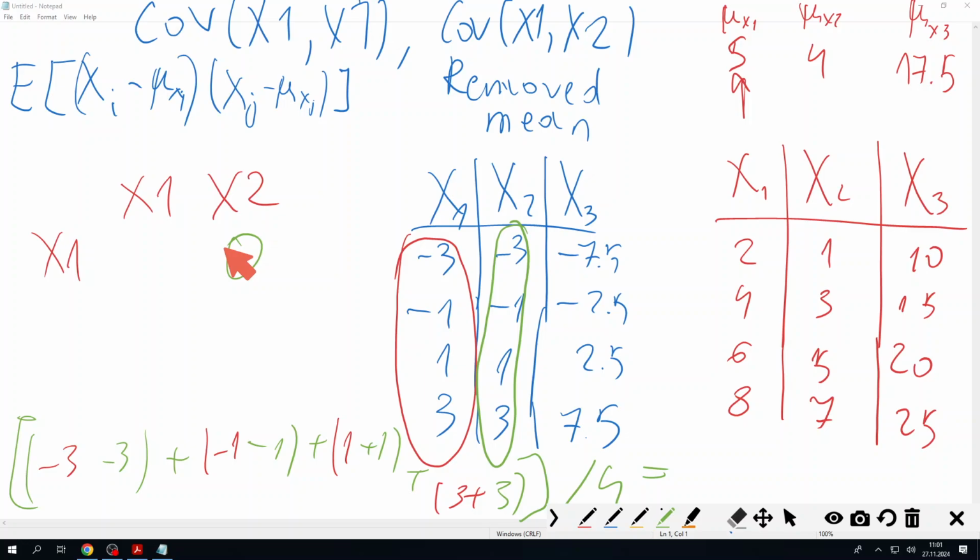Wait, no, actually they have to be products. I'm sorry. They need to be products: minus 3 by minus 3, minus 1 by minus 1, 1 by 1, 3 by plus 3. So here we have 9, here we have 1, 1, 9, add together, that is 20 divided by 4, that is 5.